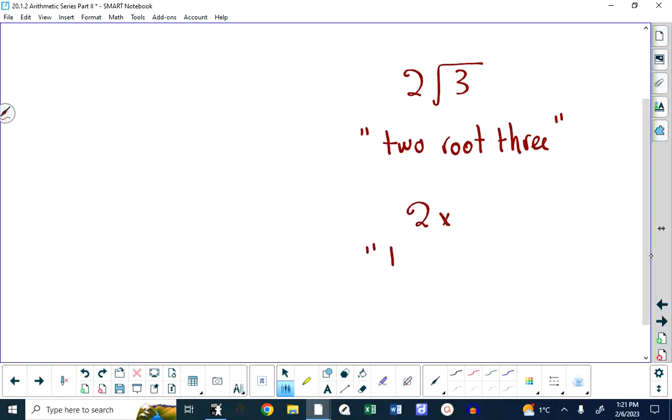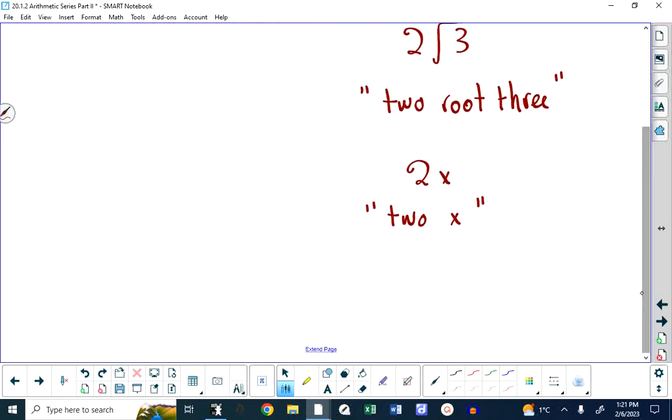Well, we pronounce this 2x, right? If I had this sequence, I hope it's obvious what the common difference is.